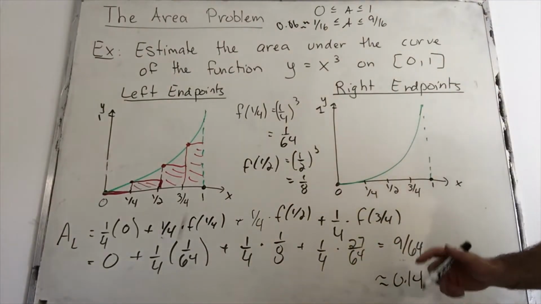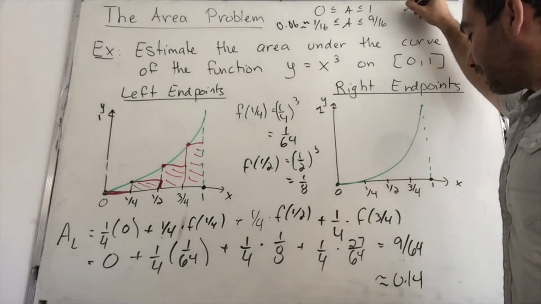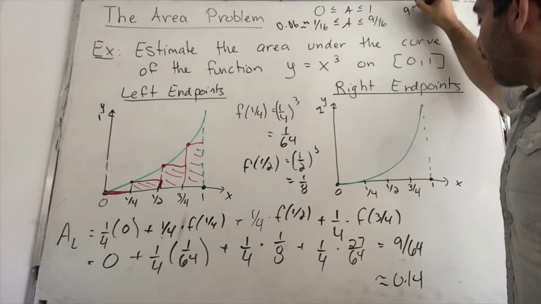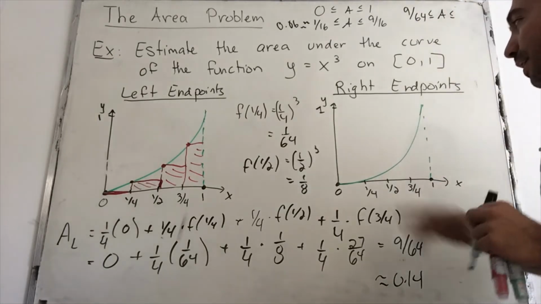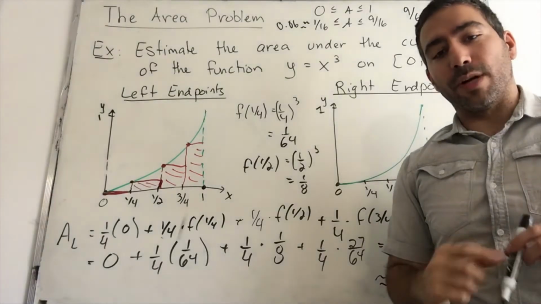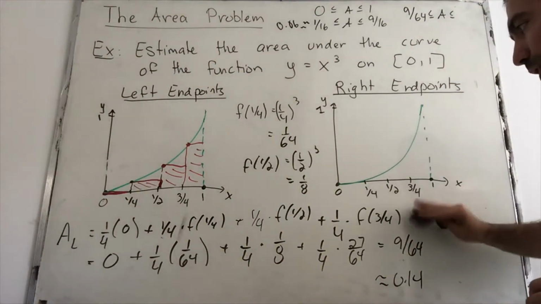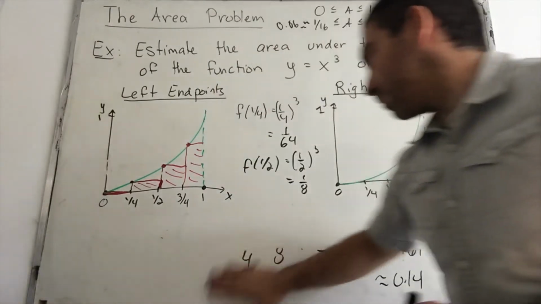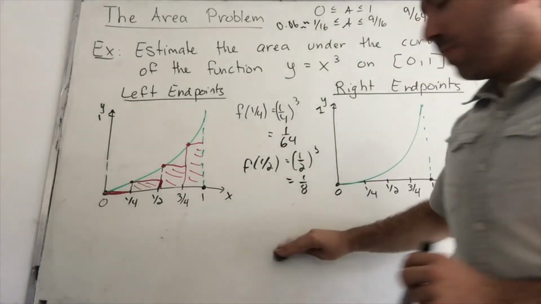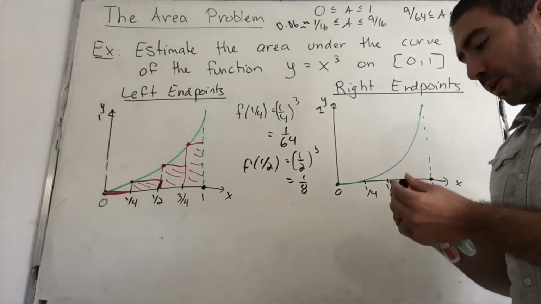Okay, so the lower estimate here, let's write it up here. Now on our third attempt, it's 9 on 64, and let's go ahead and find the right end point, or the overestimation. Okay, so I'm just gonna erase this and we do the same thing. So for the overestimations, now we're working on this rectangle.